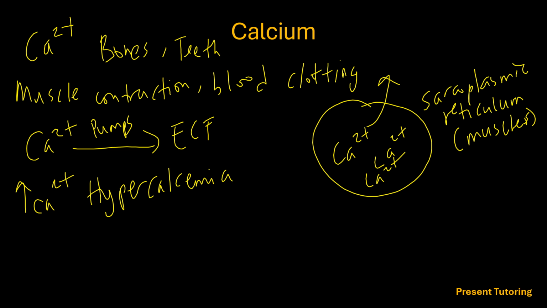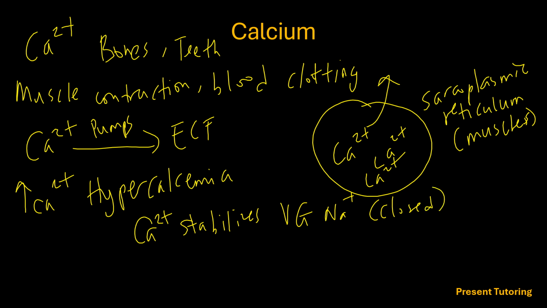The reason it causes underexcitability in the muscle and in the neurons, in electrically stimulatable cells in general, is because calcium tends to stabilize the voltage-gated sodium channels. Basically, that means that it keeps them closed.